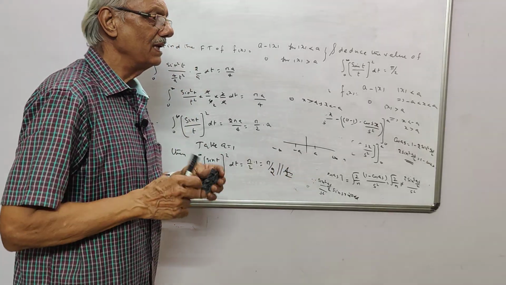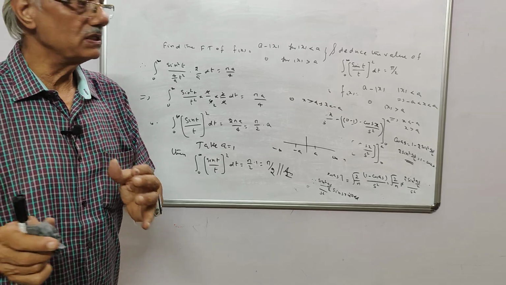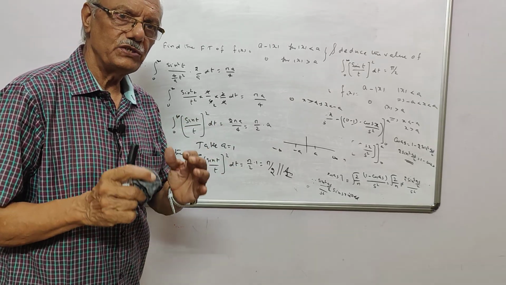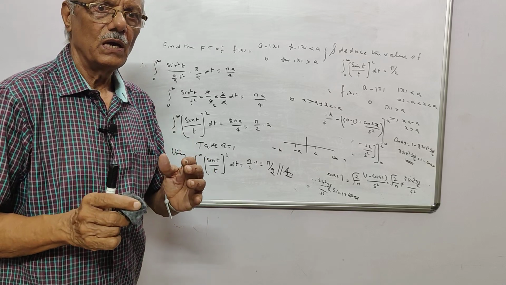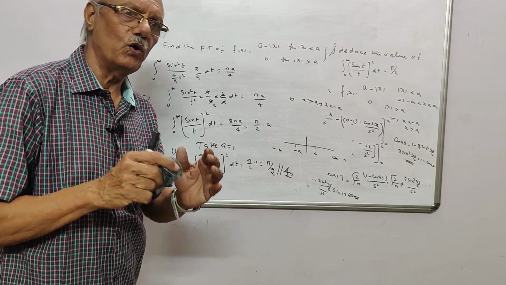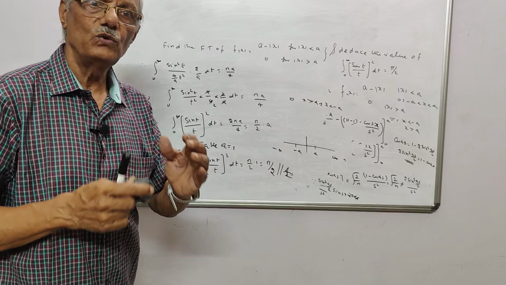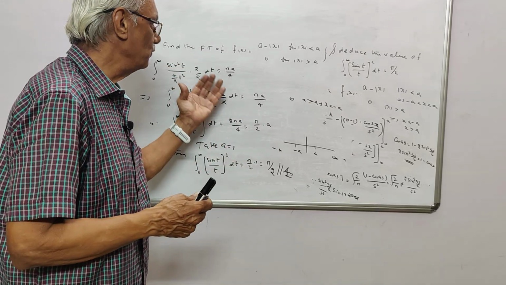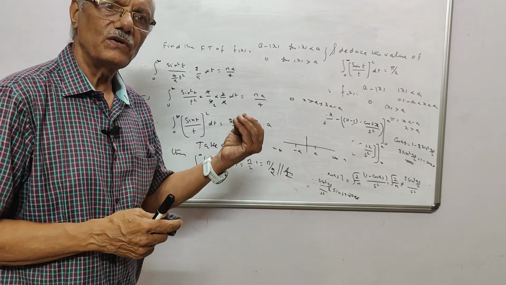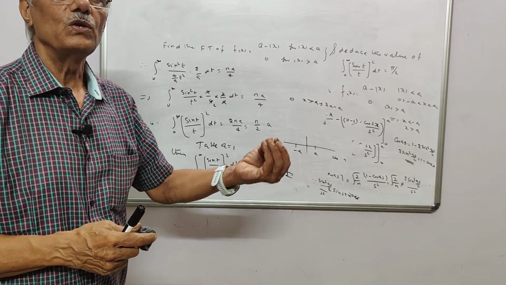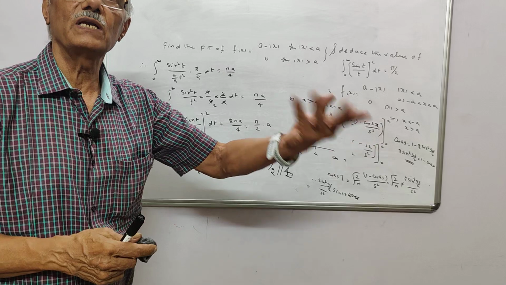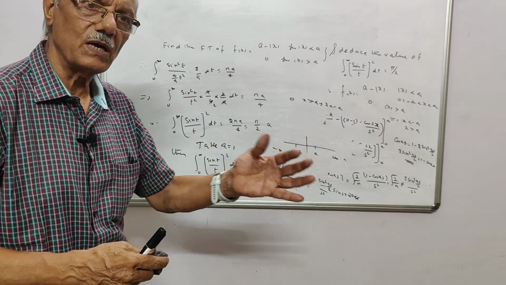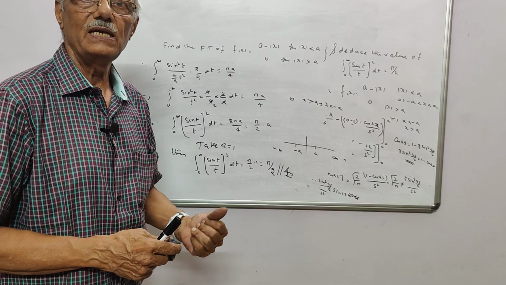So what is required of you is to write the Fourier transform, patiently do the integration, use the idea of odd and even functions, and use the properties of definite integrals to arrive at the Fourier transform. After finding the Fourier transform, you try to find the Fourier inverse transform. And that Fourier inverse transform means coming back to the function f of x in the x plane.